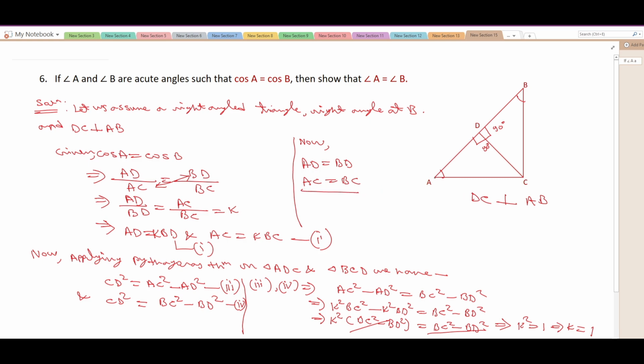Since AC equals BC, angle A and angle B are equal.